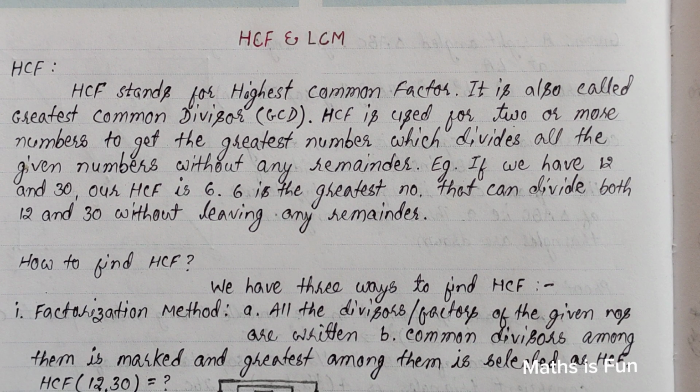Some of the factors are common to both: 2 is a common factor of 12 and 30, 3 is also a common factor, and 6 is also a common factor. From among these common factors 2, 3 and 6, 6 is the greatest. So the greatest factor, 6, is the HCF of 12 and 30.